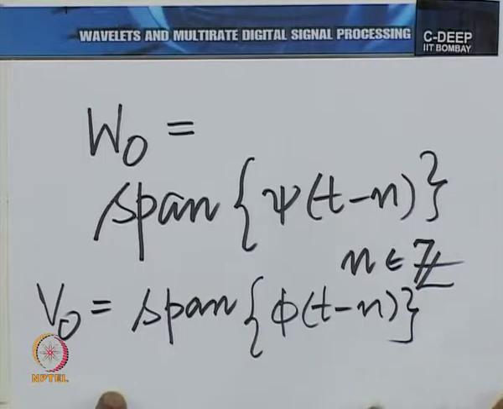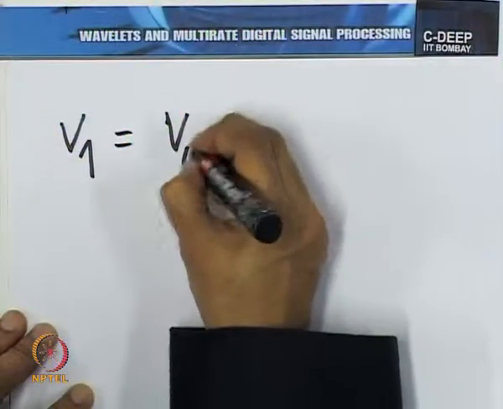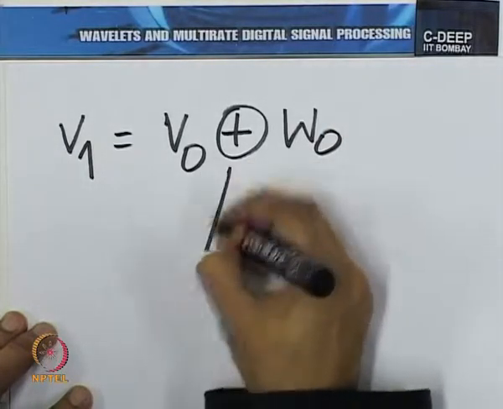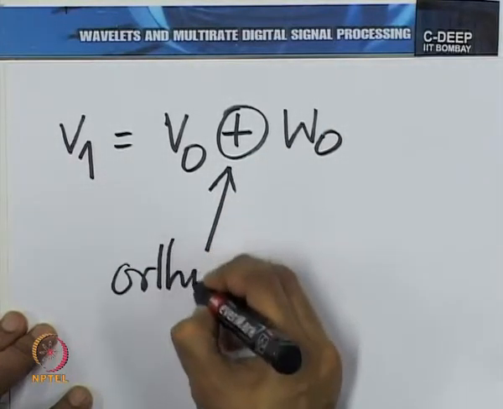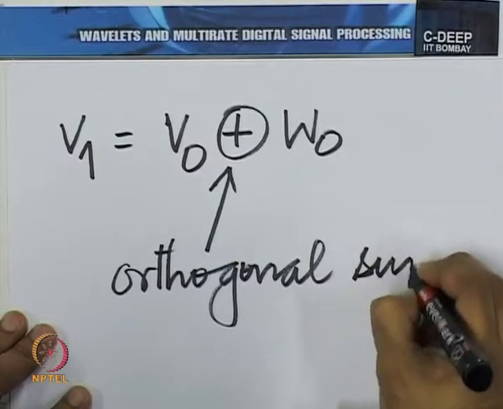And now, we are going to introduce the notion of what is called an orthogonal complement. So, we are going to say, well, V 1 is the orthogonal sum. This represents orthogonal sum, and we are going to explain this in more detail.